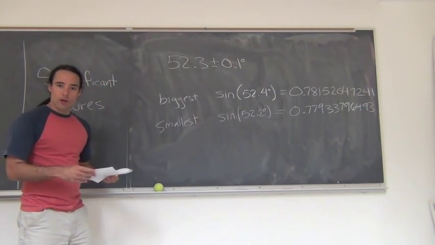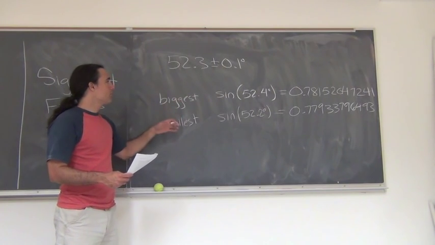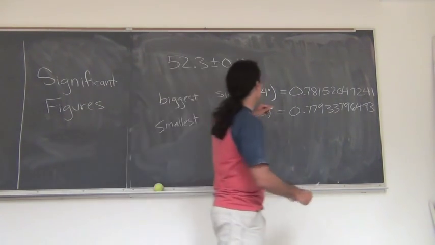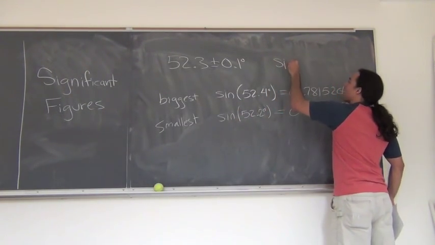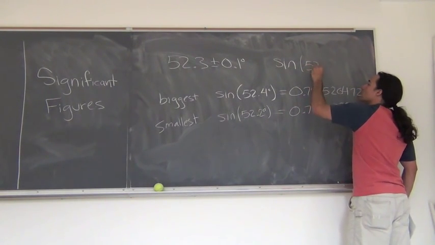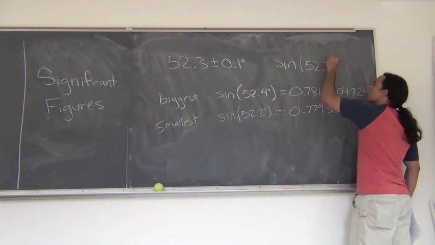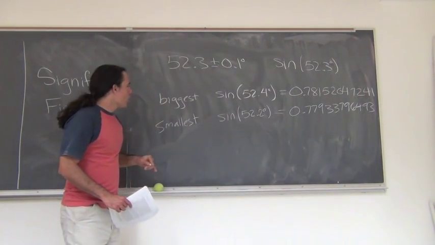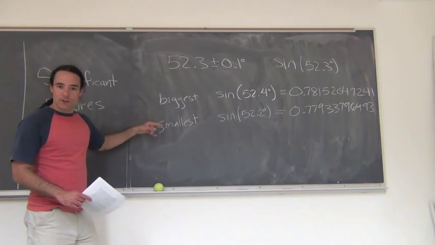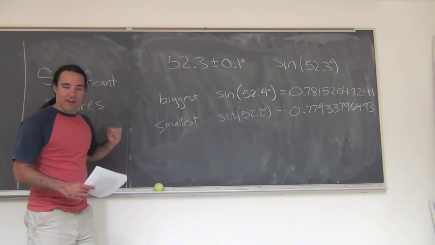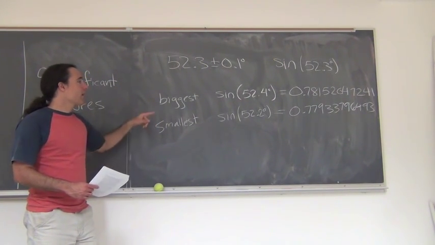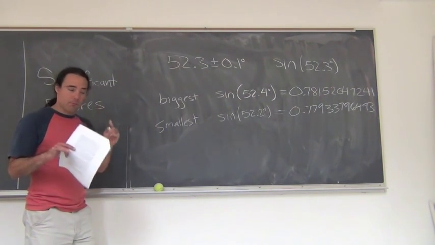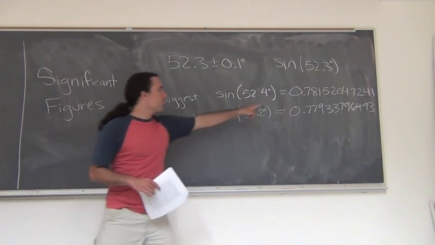Well, I want to know how uncertain the sine of 52.3 degrees is going to be. This is my actual number. How much uncertainty will that sine get? Well, really, I can just look at the difference between these two numbers and use that to figure out my uncertainty. I know the biggest value I can have is this.